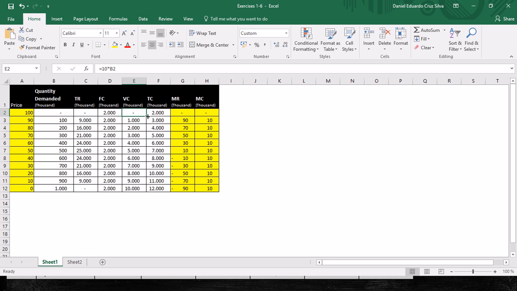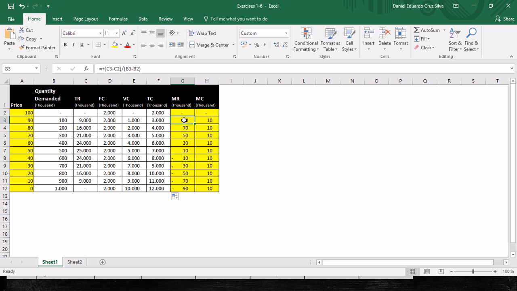Then again, you double click here, and you have the result. Then the total cost is going to be the sum of column G and E. Then it is going to be this value plus this one. Then if you double click here on the corner, you will arrive.